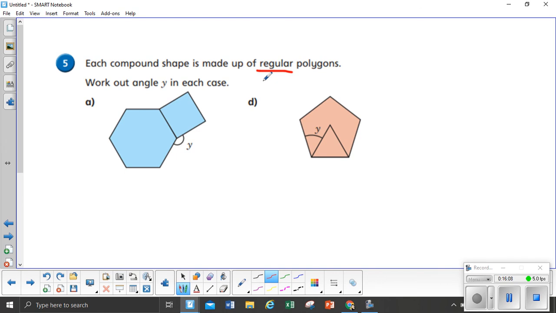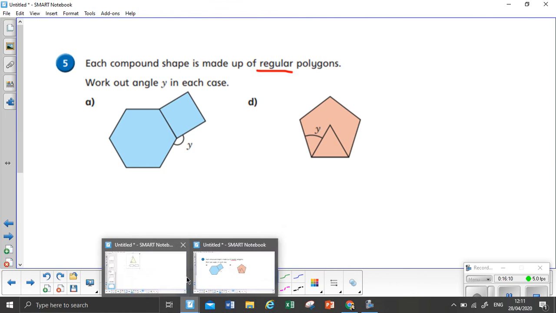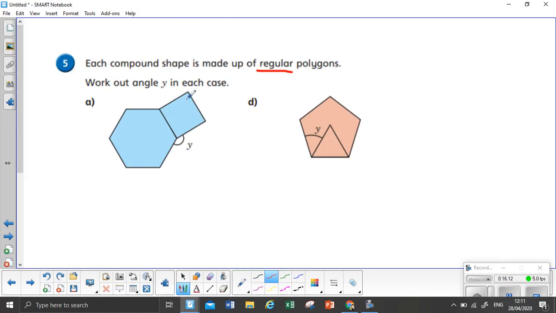Right. First step is you should know that in a square, just off the top of your head, each angle is going to be 90 degrees. Okay, and that's shown by a little square. So each angle is going to be 90 degrees.